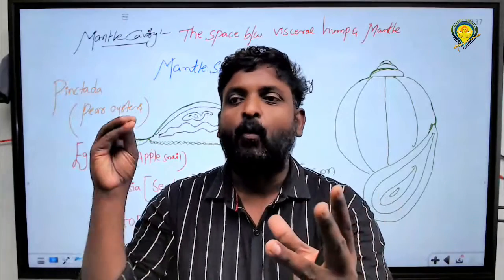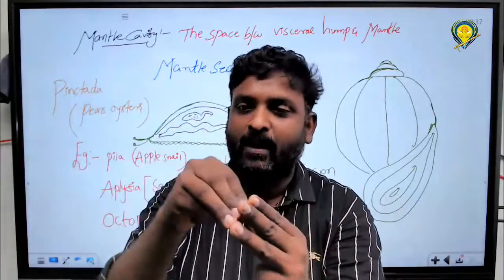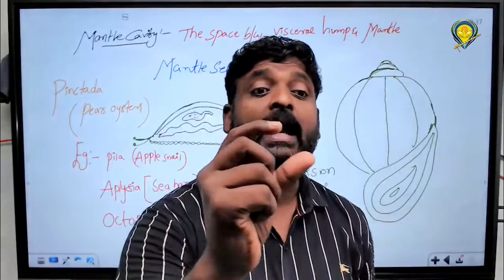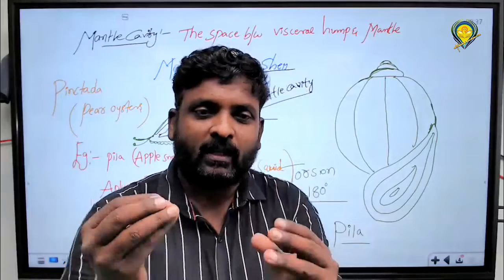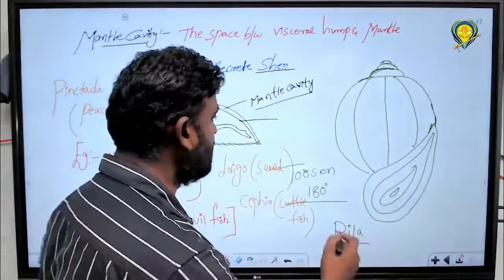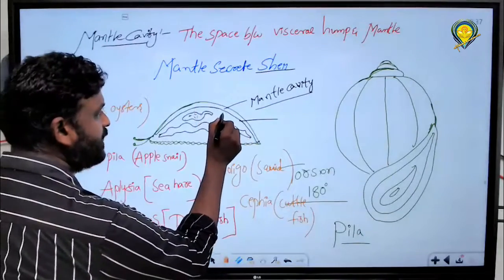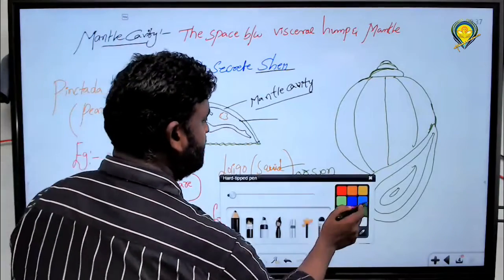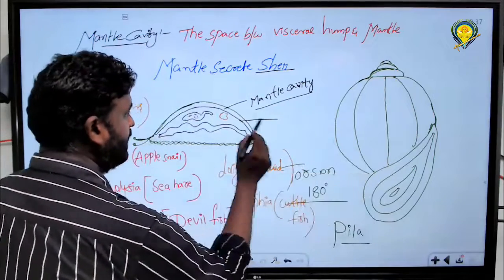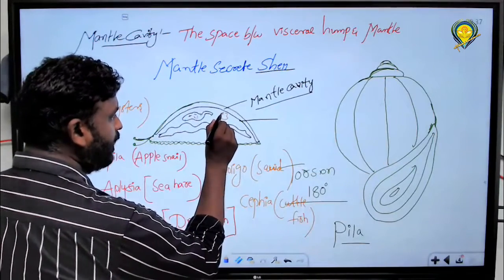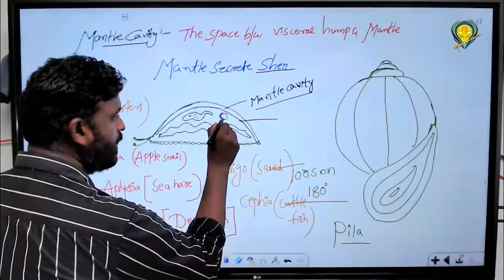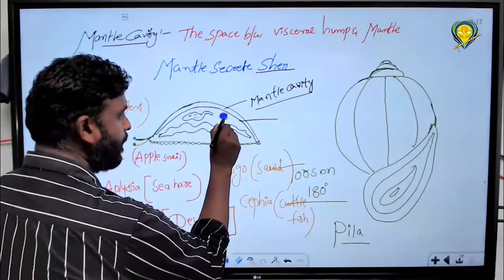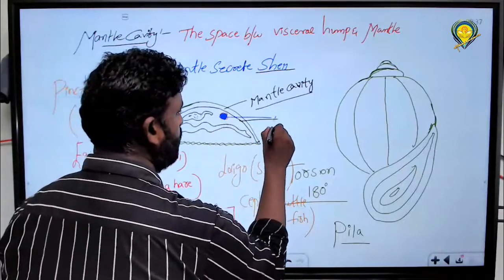For example, if a bacterium attacks the mollusk, they secrete special secretions along with calcium carbonate. Just imagine here is the animal and here is the damaged part. The secretions come around it, and there is a chance of formation of one of the components.